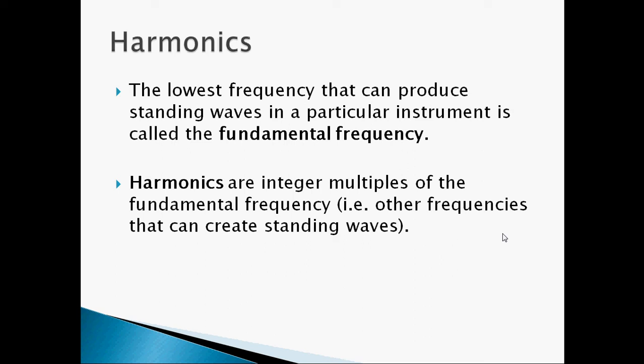The lowest frequency, or the longest wavelength that will produce a standing wave in a given medium, is called the fundamental frequency. And then harmonics we can find by multiplying that fundamental frequency by some integer. Okay. Now, how to calculate these depends on what kind of instrument we're talking about.